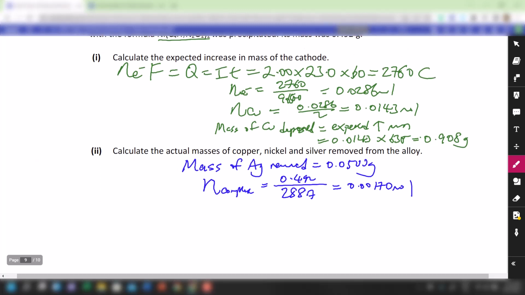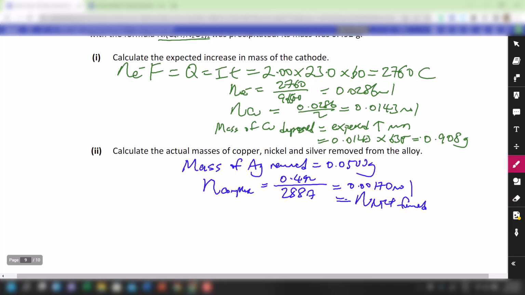Then the amount of nickel(II) is the same as the amount of nickel(II) formed. And then from here we can determine the mass.